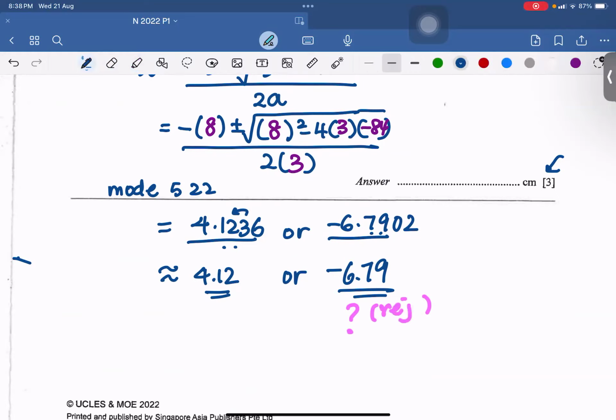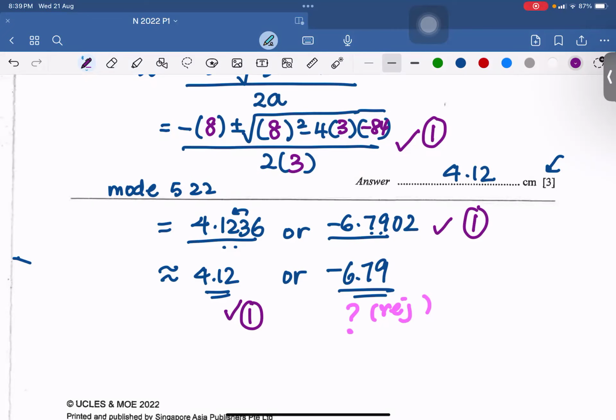Therefore, my height, which is the letter x, will be 4.12 cm. Oh, I know where the 3 marks are already. 1 mark here for the working, 1 mark for getting both answers, then 1 mark for rejecting the answer, getting the correct answer and rounding it off to 2 decimal places.